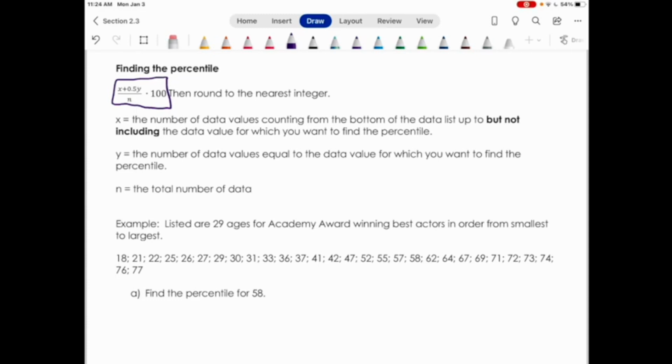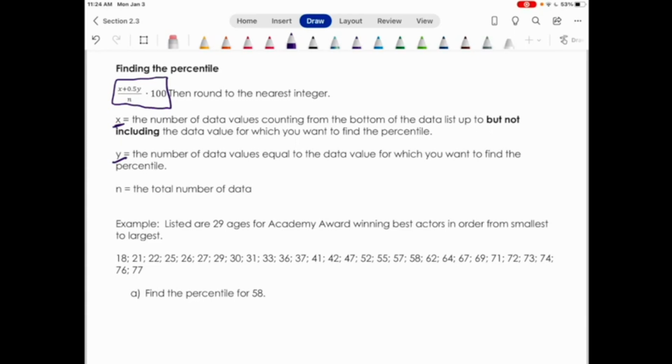Now the x's and the y's in this problem are defined down here. The x represents the number of data values counting from the minimum value up to, but not including, the data value that you're trying to find the percentile for. And then the y value represents if you have any repeats.